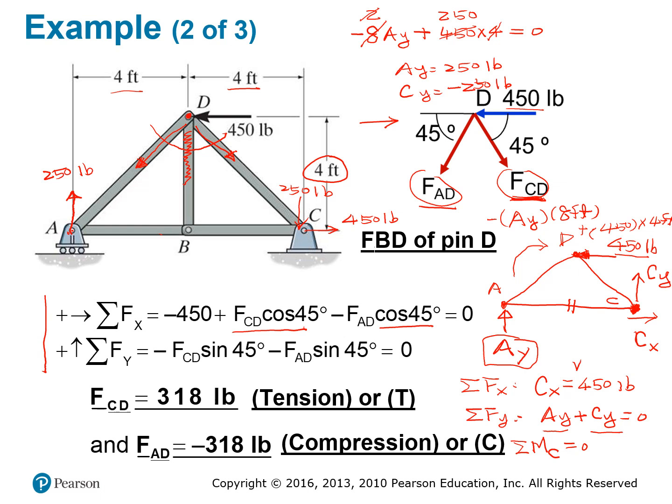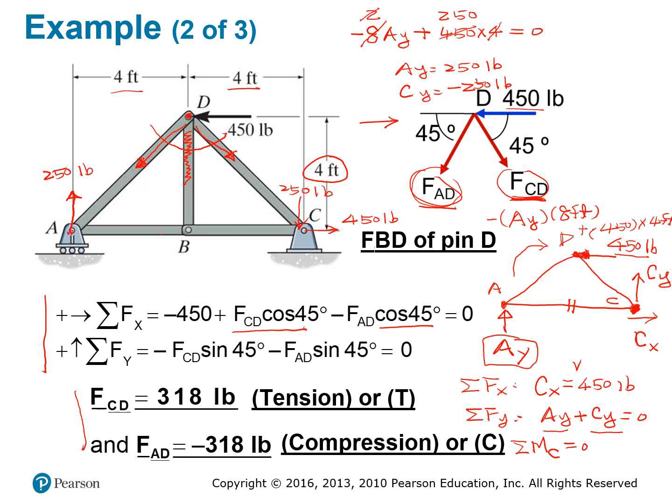Then you can solve F_CD and F_AD equal to these two forces. One of them is compression, one of them is tension. Positive is going to be in tension because we're assuming this force is going outwards. So positive meaning the direction is correct.